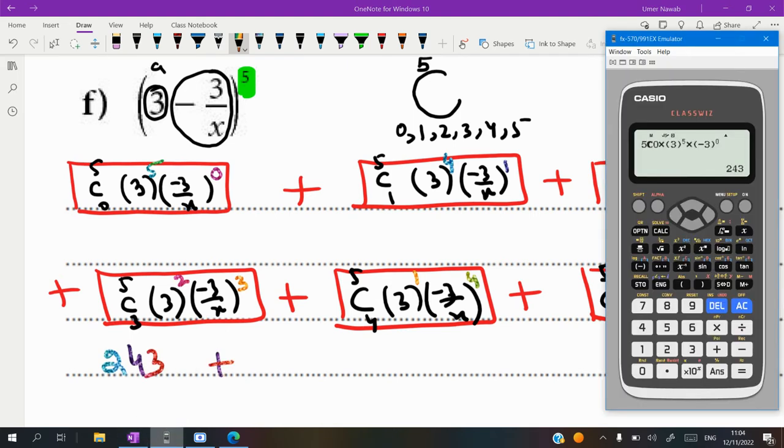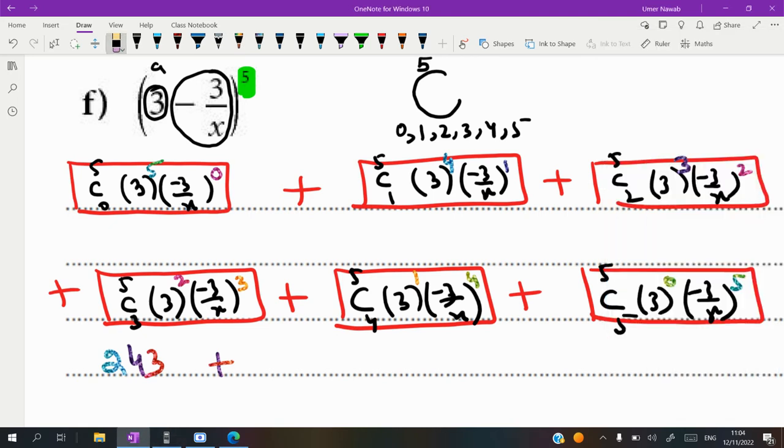Next, 5C1. So this will become 1, and this goes to 4, and this goes to 1. What is the answer I got? Minus 1215. Since x is in the denominator, I'm going to write over x.